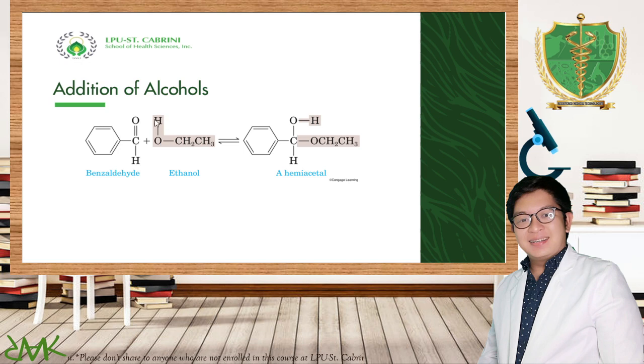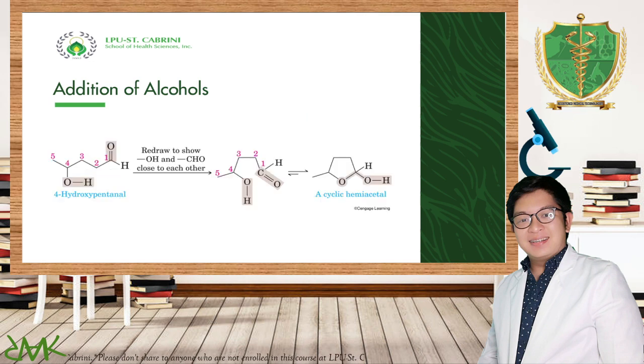The alcohol loses hydrogen, and the hydrogen will attach to the carbon that carries a negative charge once the double bond is split. The functional group of a hemiacetal is a carbon bonded to one OH and one OR group.